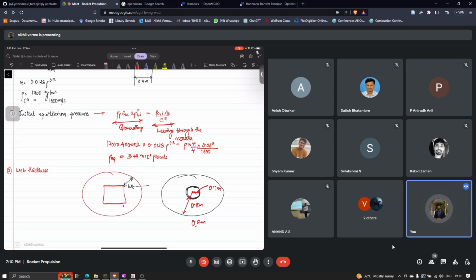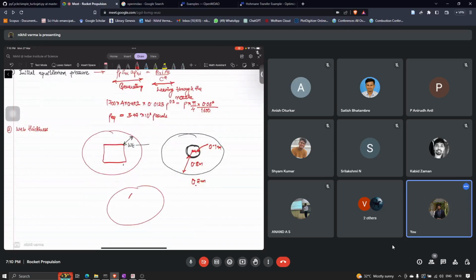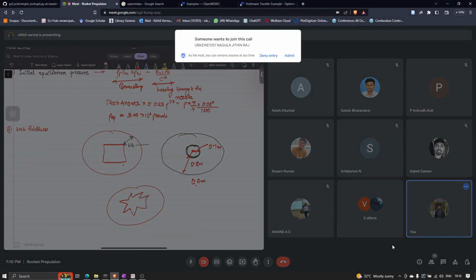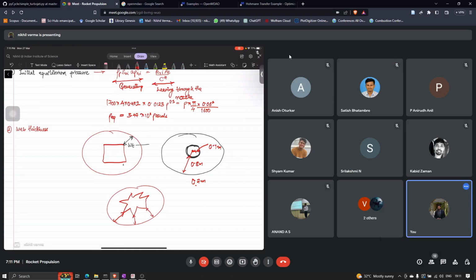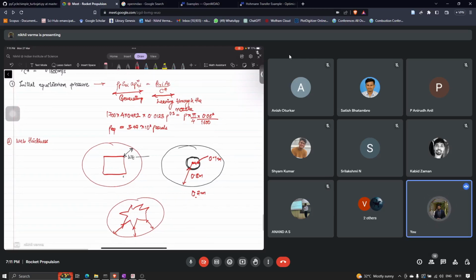So if you have a star grain, whatever the closest distance to the wall is your web thickness. In case of circular, if the inner diameter is given as 0.1, and the outer diameter is 0.8, the web thickness will be equal to the difference of these two radii.